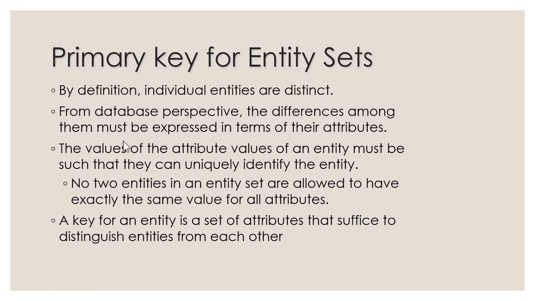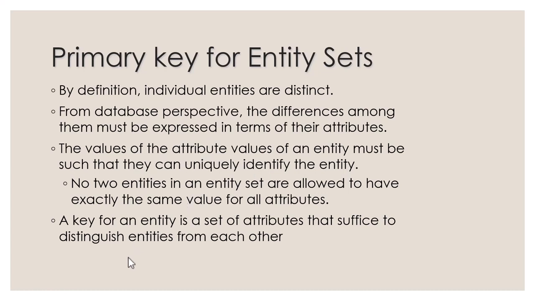The differences among them must be expressed in terms of a certain attribute. Sometimes there could be more than 1 primary key in a particular entity set. The attribute values of an entity must be such that they can uniquely identify the entity, meaning no 2 rows of data should have the same value for that primary key.